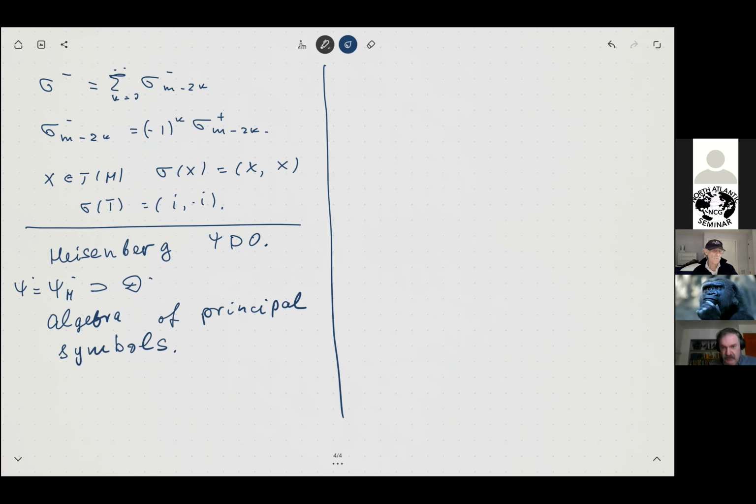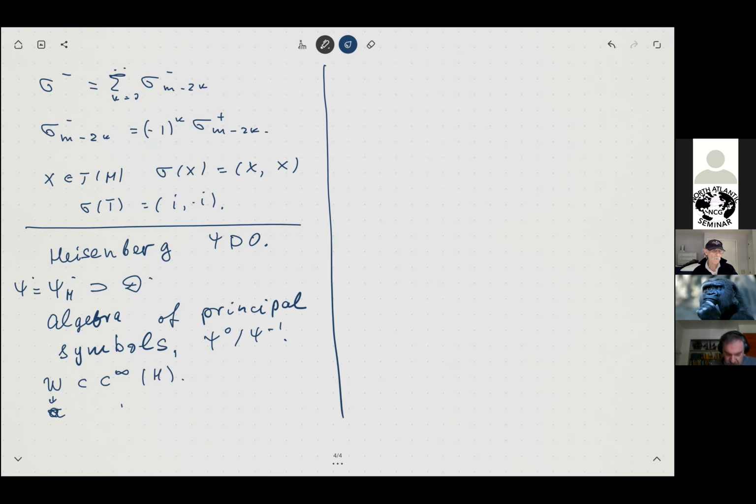Again, for simplicity, let me do it only for operators of order 0. You can extend it to operators of other orders by adding some homogeneity. So let's consider first of all the non-polynomial Weyl algebra, which will be a subset of smooth functions on h. Say a is there.